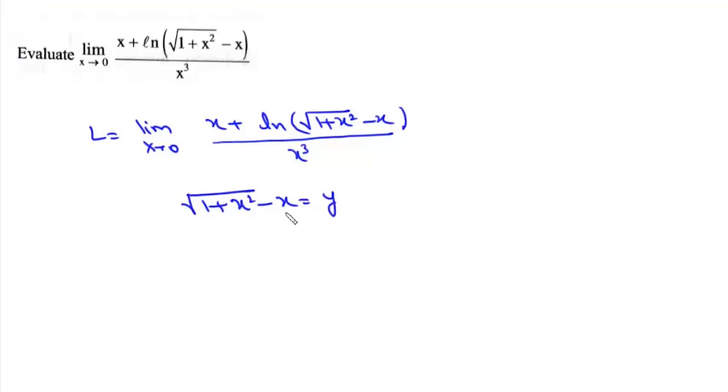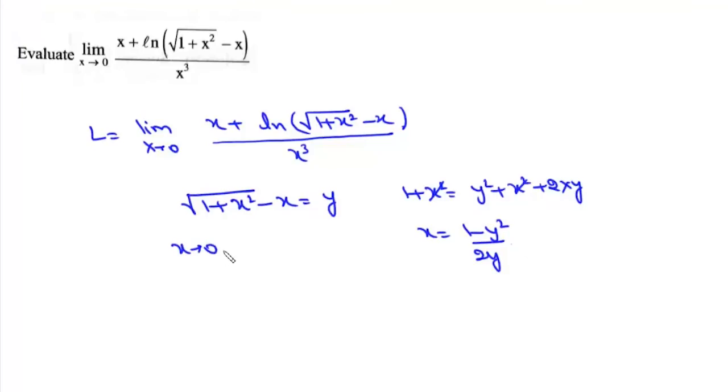Now if we take this x on the right hand side and square it, we'll get 1 plus x square, and it will be y square plus x square plus 2xy. Now here x square will cancel. We can write x as 1 minus y square upon 2y. Now clearly, when x tends to 0, y tends to 1.